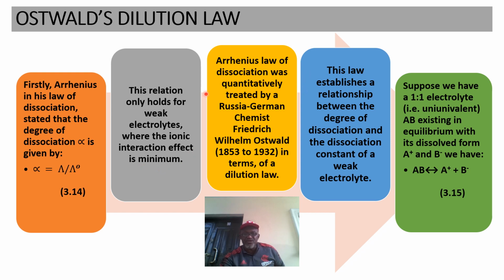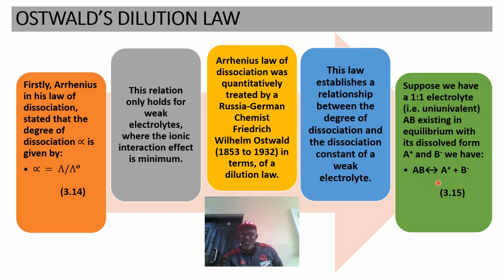Arrhenius law of dissociation was quantitatively treated by Ostwald in his dilution law. And this law establishes the relationship between the degree of dissociation and the dissociation constant of a weak acid. So let's use a 1:1 electrolyte.